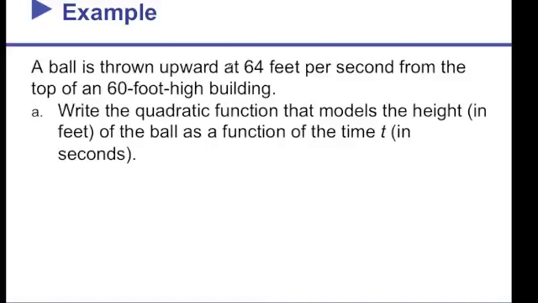Now, a ball is thrown upward at 64 feet per second from the top of a 60-foot high building. Write the quadratic function that models the height in feet of the ball as a function of time. Well, I will tell you that the general quadratic formula is s equals negative 16 t squared plus v sub 0 t plus s sub 0.